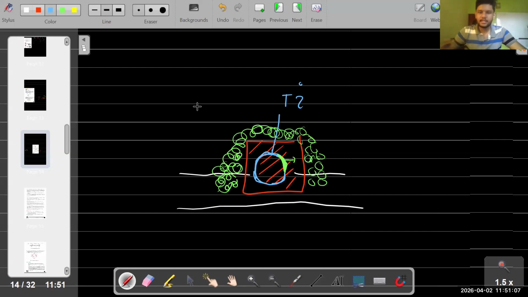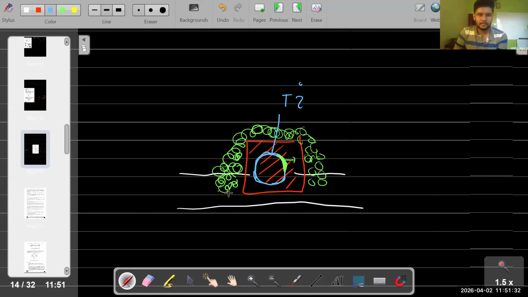Now see, agrobacteria, the red color, is living within the cells. Can you see? Is that clear? Yes, right? No doubts, right? Don't hesitate to ask. If you can't understand, let me know. I'll explain.